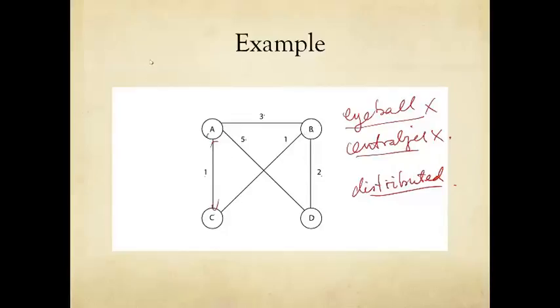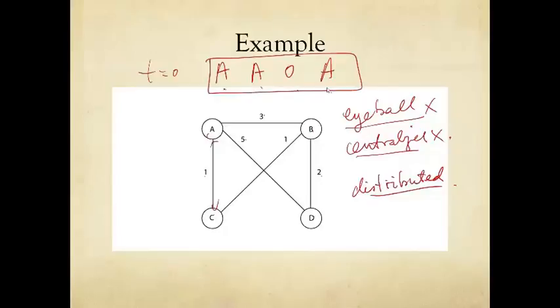So at time 0, at initialization, the routing table is very simple for each node. Say for node A, the 4 fields are: I'm node A, I can get to A with 0 cost, of course, and the next hop is node A. That's the only row in the routing table for node A. Similarly, B, B, 0, B is the only row in the routing table for node B.